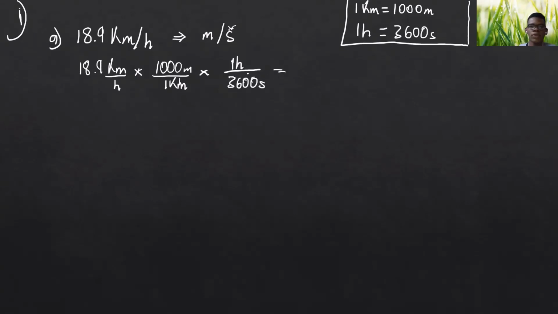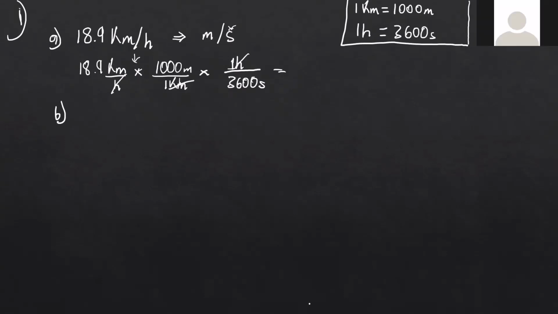So we have our conversion factors now, and if we're dividing hours and multiplying hours in the same expression, they'll just cancel each other out. Same with the kilometers. And we just do the math with the numbers, right?